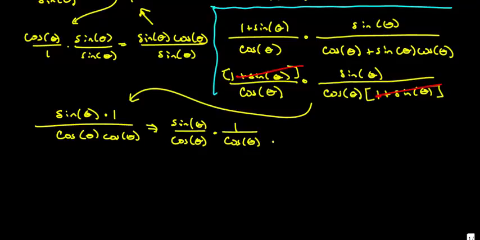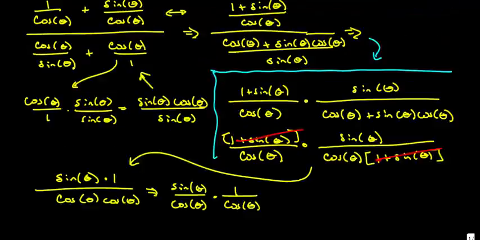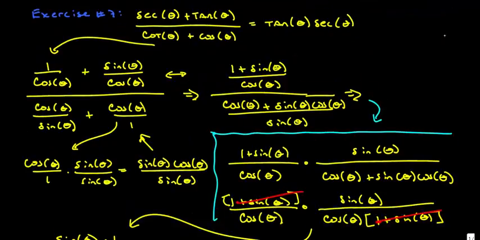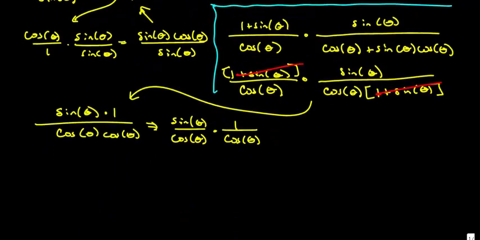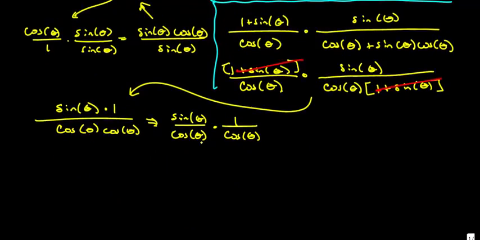And you might be saying, well, how do you know how to do that? Well, one, there's practice involved here. But two, if I work my way backward, 1 times sine is sine, and cosine times cosine is cosine squared. So really, I've seen this trick done a bunch of times, and I've done it myself a bunch of times, so that when I see what I want to have it equal to up here at the top, the whole process I'm thinking about is trying to get that.